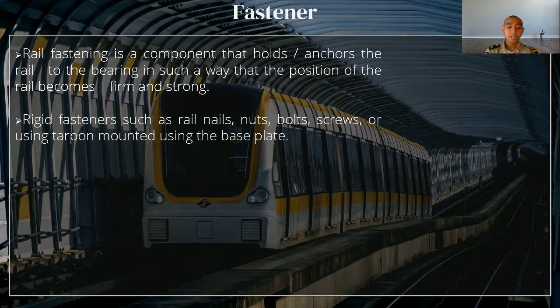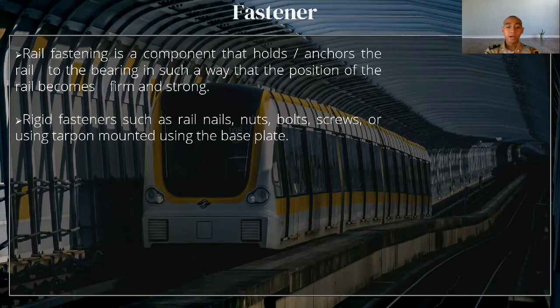Rigid fasteners are no longer suitable for use on railroads with high frequency and axle loads. However, they are still needed as rail fasteners on wooden pads that are installed on railroad bridges and tunnels.